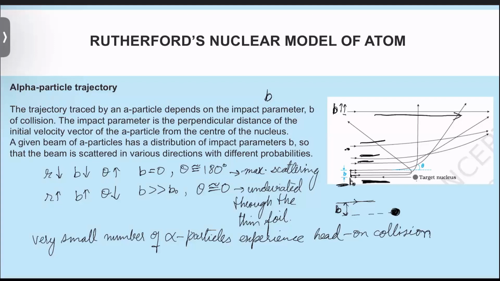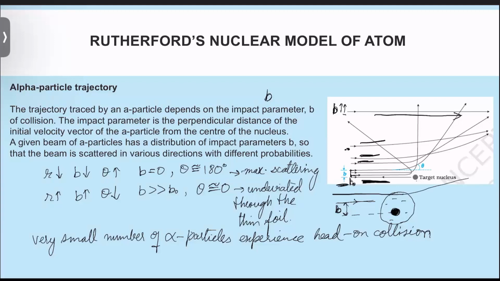So this implies that the mass and the positive charge of the atom is concentrated in a very small volume. If this is your target nucleus, and we know that it is surrounded by space and there are negative electrons in it, then if your b is increasing, the particle is passing through the atom.